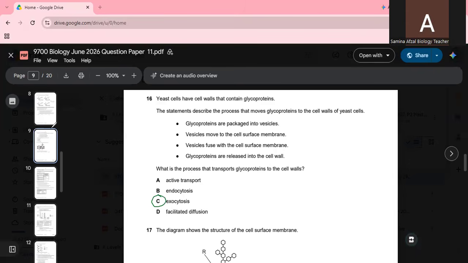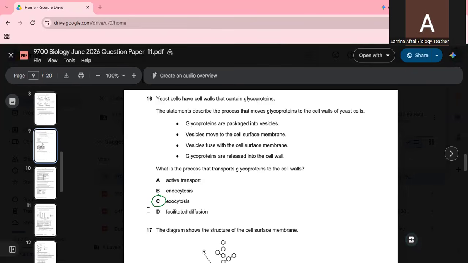So here is not only the movement, first of all, the whole process takes place, which is the exocytosis. Endocytosis is the movement in the opposite direction, that is from outside the cell into the cell, and facilitated diffusion is again a type of passive transport. So C is the correct option.